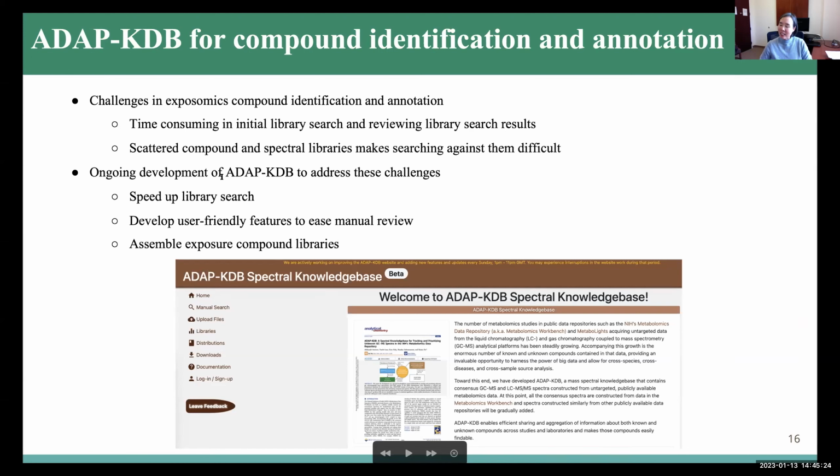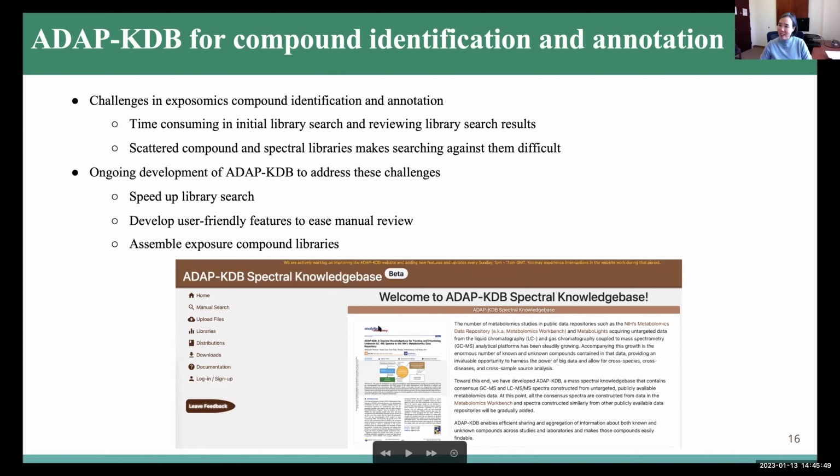And so in order to tackle these 2 challenges, what we have done is to try to speed up library search within ADP KDB, and also develop user-friendly visualization features to make it easier for humans to review the results. And also we have been trying to assemble exposure library, compound libraries to put into ADP KDB so that we can do the search in one place.